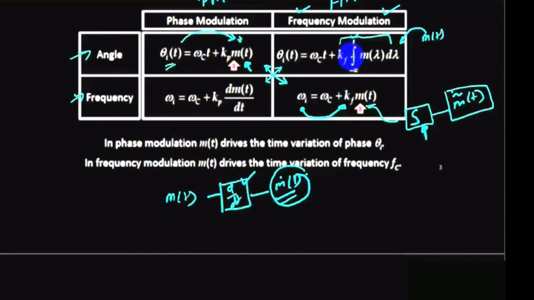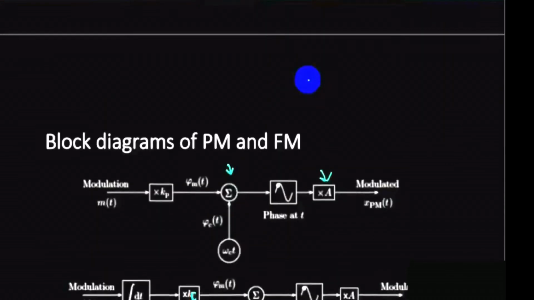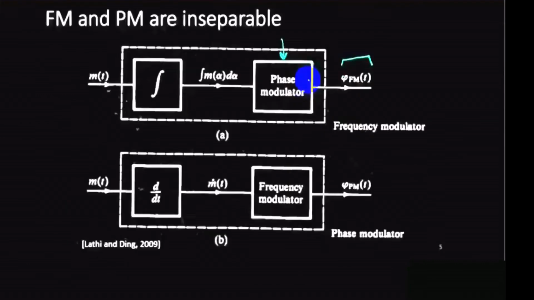So once they are cancelled out, you will be getting a phase modulated output signal. So it is quite interesting. If you have either of the modulators, you could eventually get both phase modulation and frequency modulation, but you would need either an integrator or a differentiator. So they are in a way inseparable.